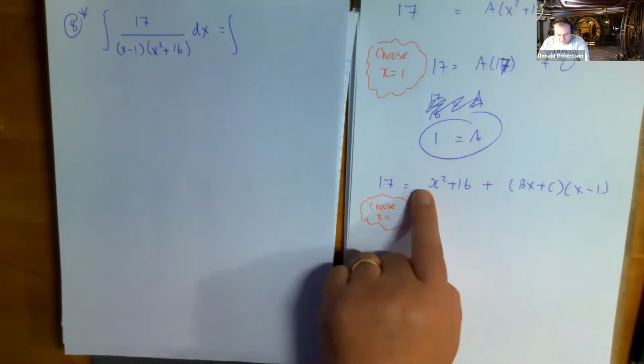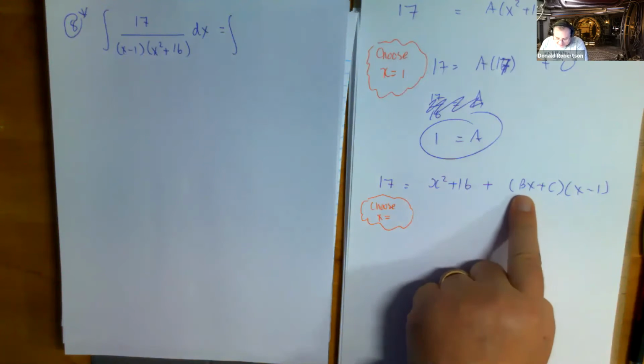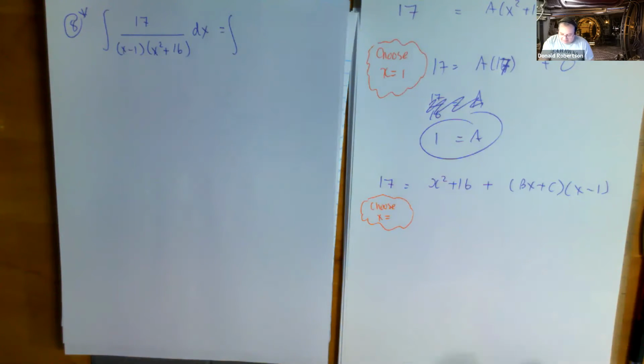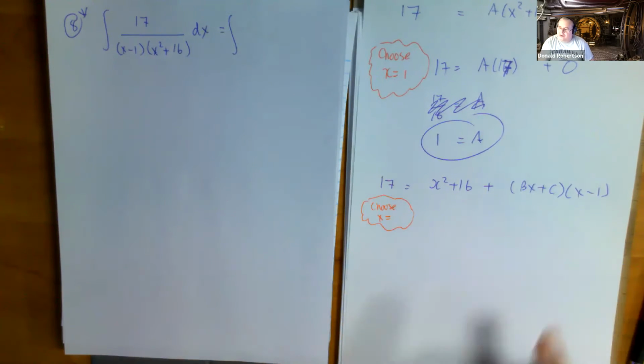If you don't do this line, you'll have an A floating about, which will just freak you out and you won't be able to figure out the B or the C. Now, in this question, we have B or C to find. And I can't pick x equals 1 because that's been used and it's done its job. But there's only one value of x that's going to do any good this time.